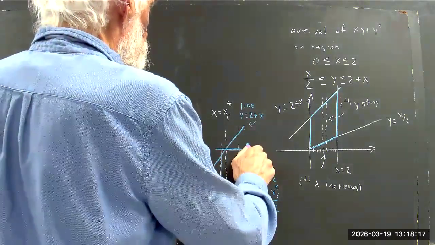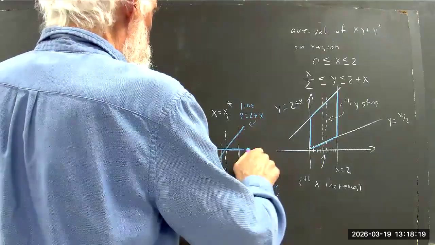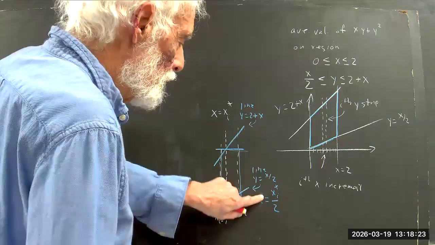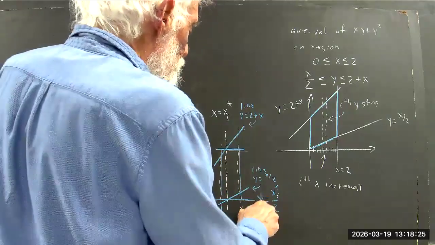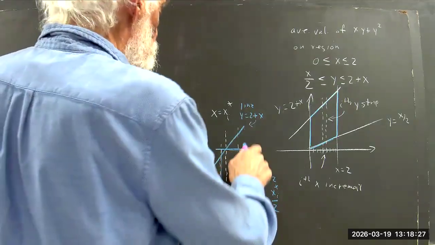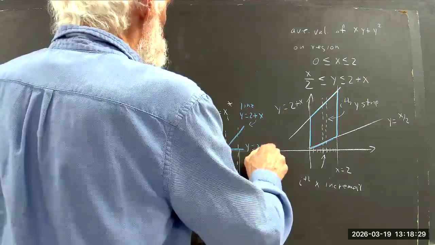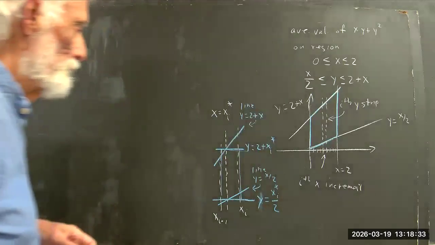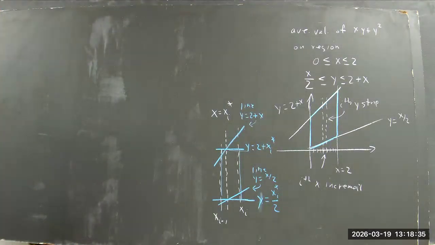And this horizontal line here is y equals x sub i star over 2. And this is y equals 2 plus x sub i star. Now, do we understand all that information? Okay.